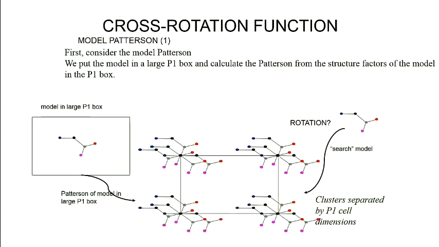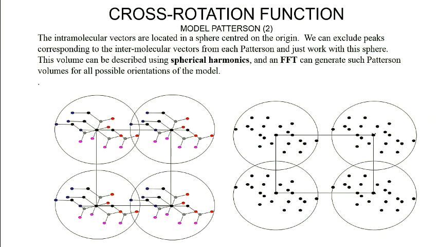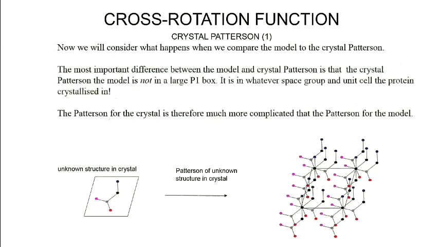And then next, when we look at the Patterson from that model, the vectors are fairly well separated. If we draw a sphere around the origin, we've got most of the vectors in that box from a single molecule. This isn't so true when you've got a very elongated molecule or something complicated, but for a standard case, this works.